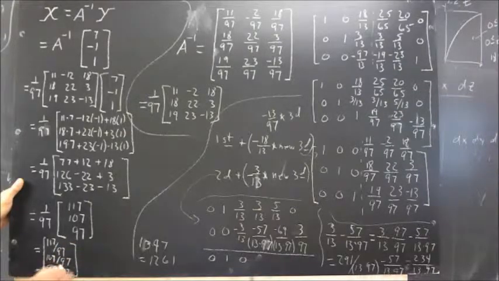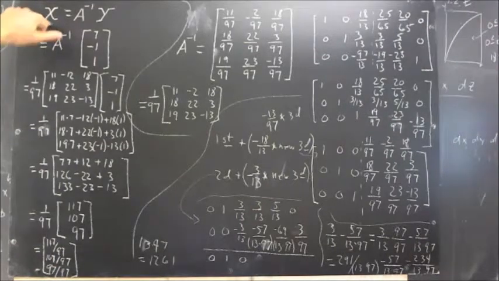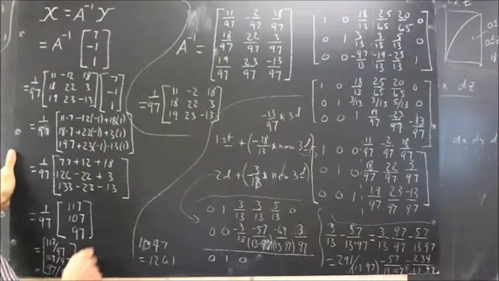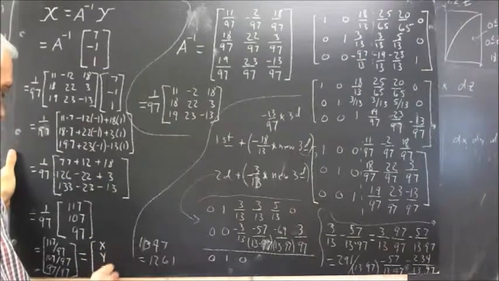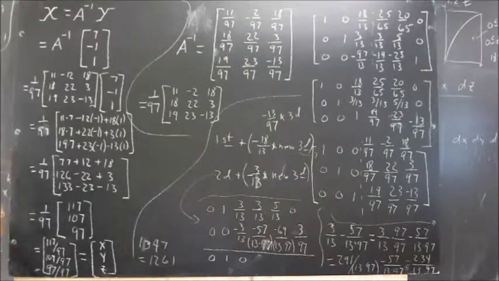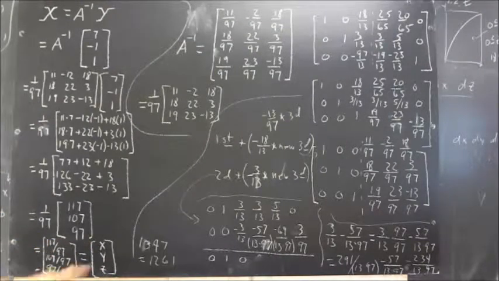Of course, 97 over 97 is 1. 97 being prime, these other two aren't going to reduce. But that's equal to our x vector. What's our x vector? X, Y, Z. Which means that our solution is x equals 117 over 97, y is 107 over 97, z is 97 over 97. Now let me double check that.